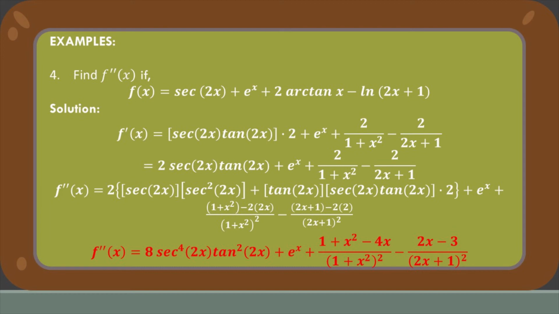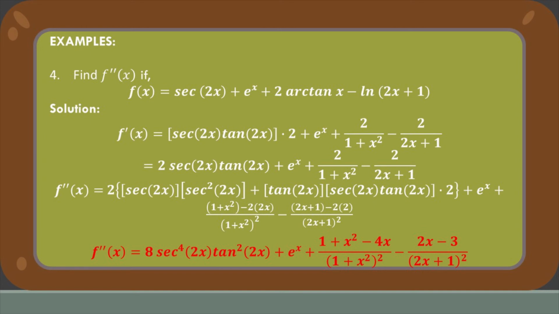For the second derivative of the function, we have 2 times secant 2x times secant squared 2x plus tangent 2x times secant 2x times tangent 2x times 2 plus e to the x plus the quantity 1 plus x squared minus 2 times 2x all over the quantity 1 plus x squared squared minus the quantity 2x plus 1 minus 2 times 2 all over the quantity 2x plus 1 squared.